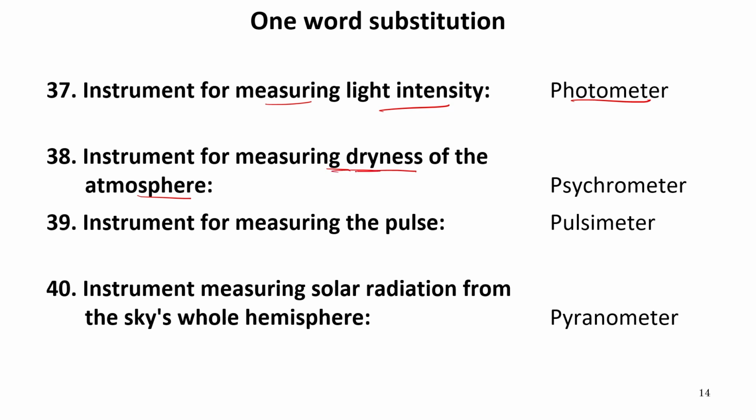For dryness we use psychrometer. Basically it begins with P, but P is a silent letter over here, so the pronunciation of this word is psychrometer. If we say instrument for measuring humidity or moisture of the atmosphere, that is known as hygrometer.